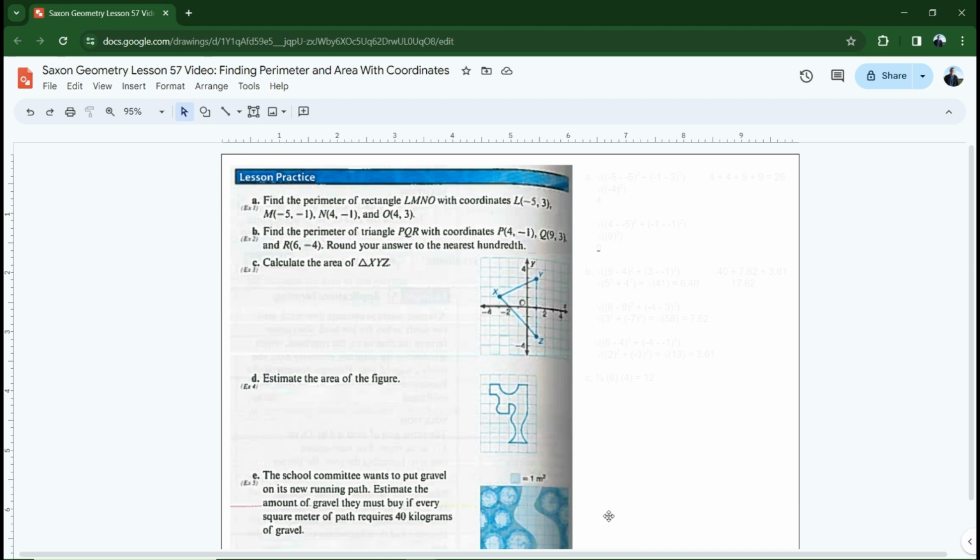But I will tell you this, if you're smart and resourceful, there are a lot of shortcuts that you can find in these problems to make them a little bit easier so that they don't take as long and they're not quite as tedious. So be smart about how you work these problems. There are two of these problems that have shortcuts built into them, and if you use those shortcuts, they will significantly lower the time it takes to work the problems.